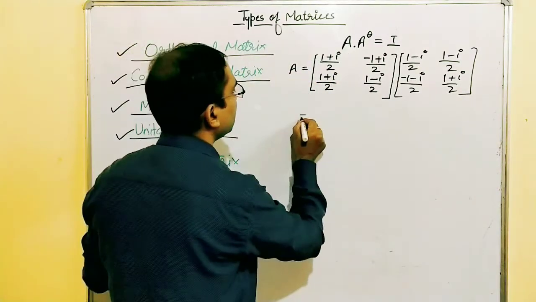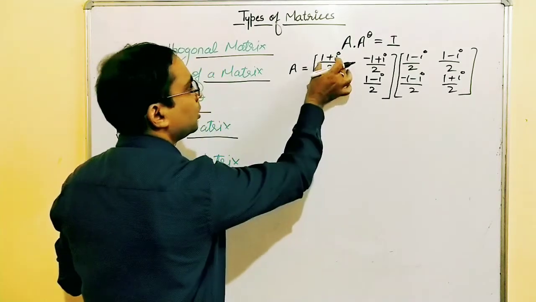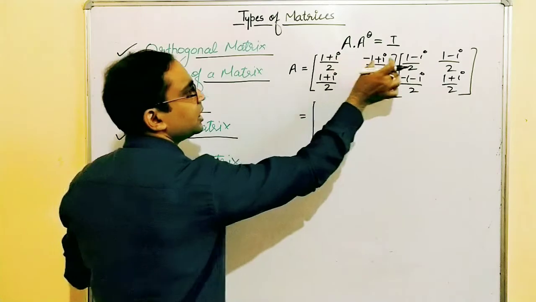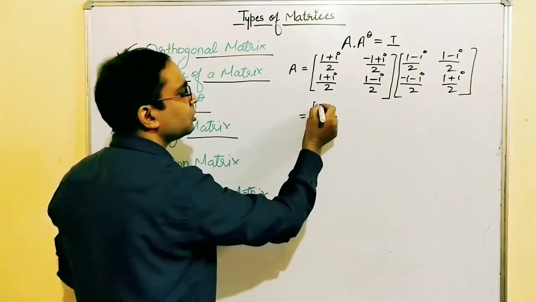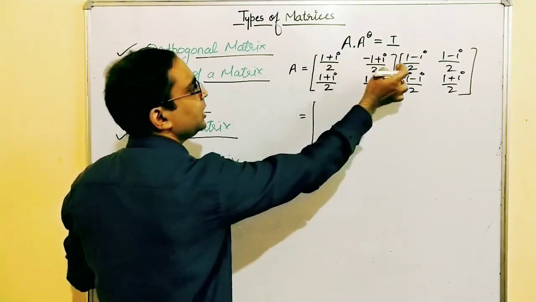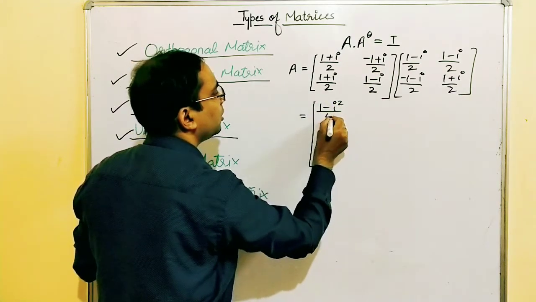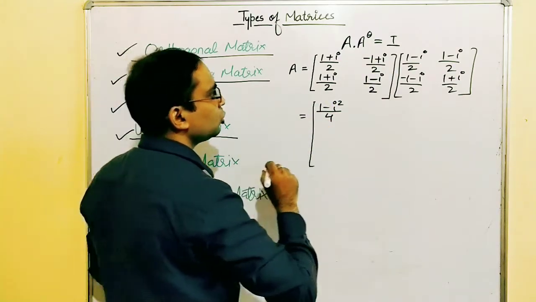So now this will be (1 plus i) upon 2 multiplied by (1 minus i) upon 2, (1 plus i) and (1 minus i). This will be (a plus b)(a minus b), so (1 minus i square) upon 4. So this is the first one.